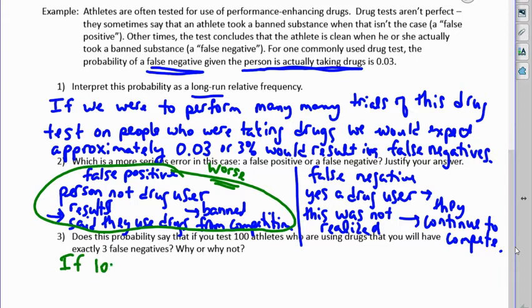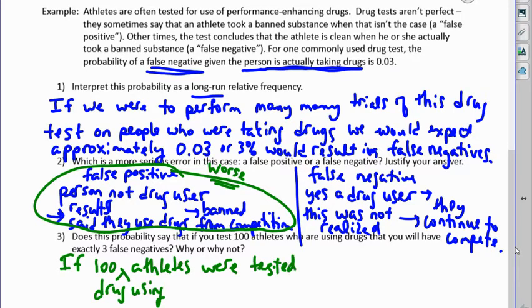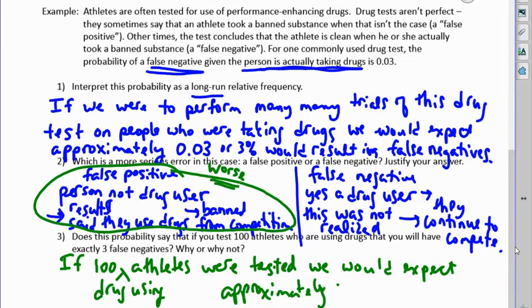If 100 athletes, actually drug using, were tested, we would expect approximately 3 to be false positives, but not exactly 3 every time.